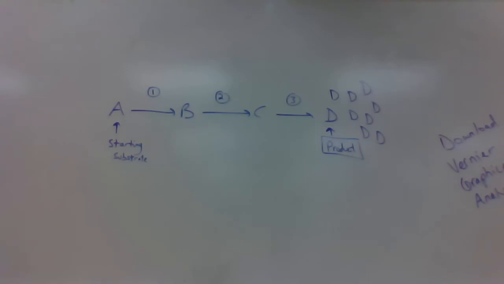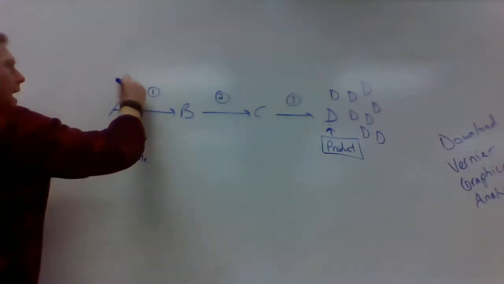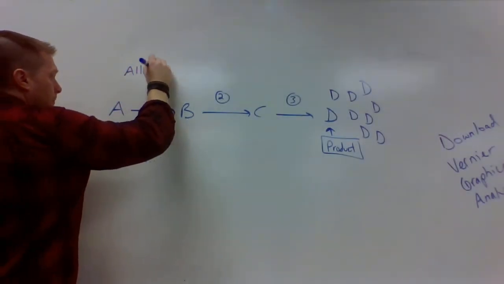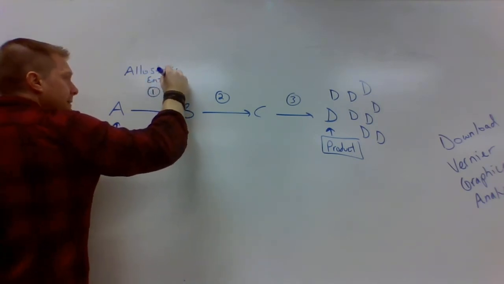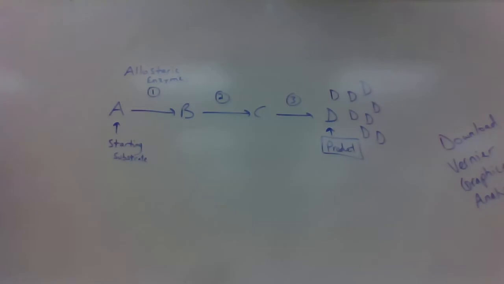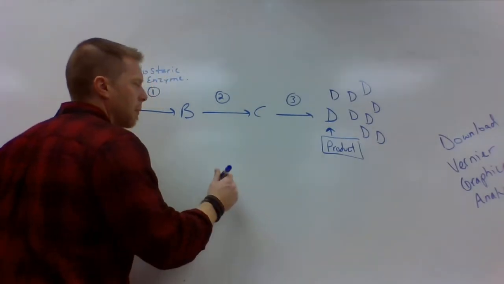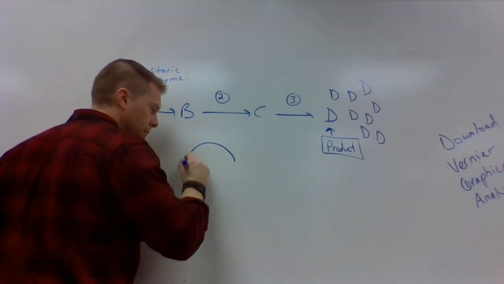Enzyme number 1 is going to be our allosteric enzyme. It is the enzyme that has the ability to be turned on or turned off. So an allosteric enzyme might look something like this.